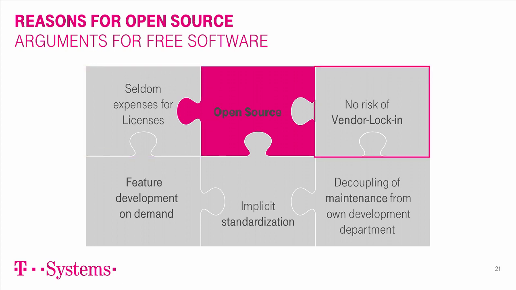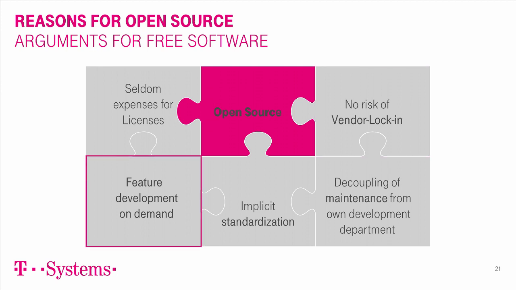A second one is there is no risk of a vendor lock-in. As you have access to the source code in open source software, you can at any time change the code yourself or contract a third party to further maintain and develop the code.